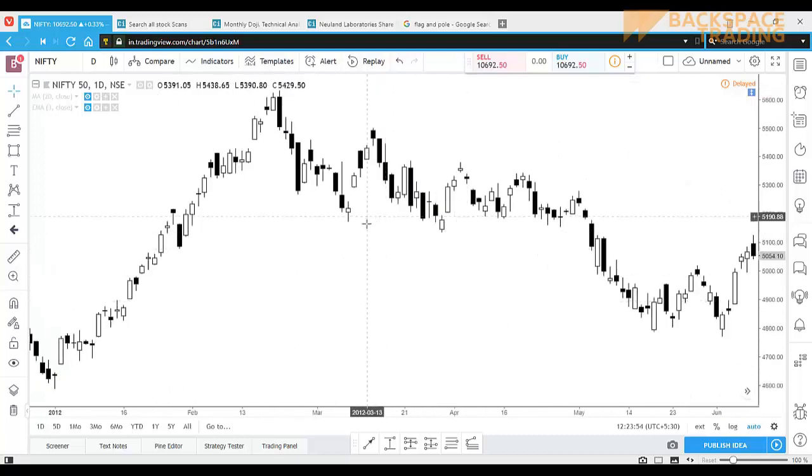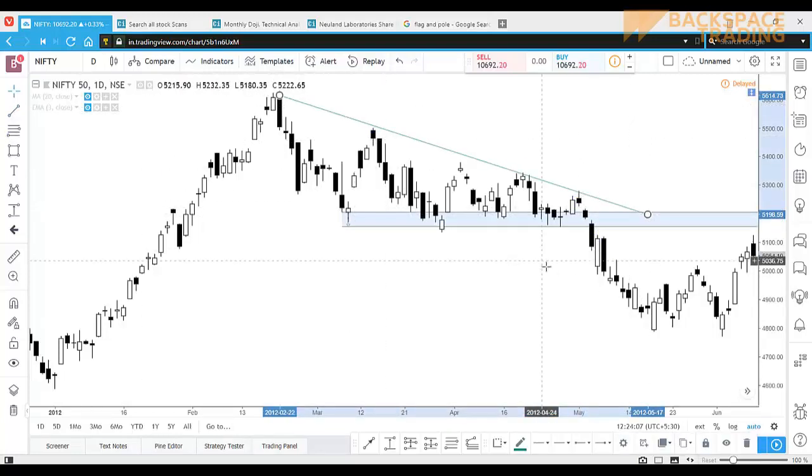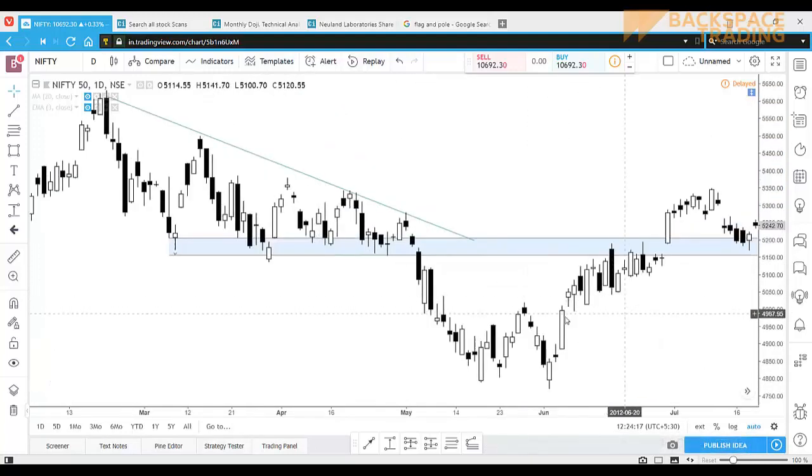Yeah, this is a descending triangle, price making lower highs after lower highs. At one point it just broke out. See, this is the only part that I take as a breakout. This is where I love. This is the only thing that I do.